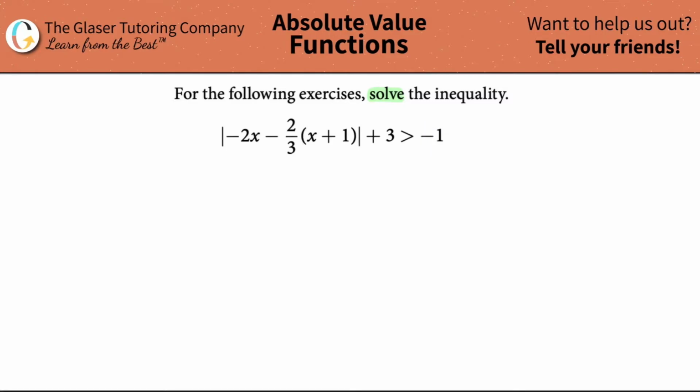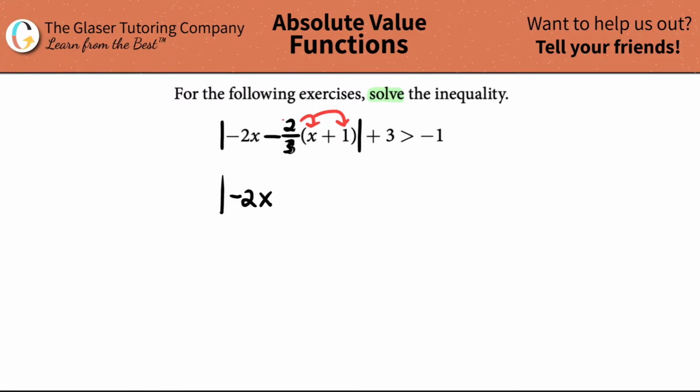Okay, so let's get down to it. It's just math. The first thing we have to do is simplify this absolute value. I see that I have a negative 2 over 3 that's being multiplied by two things inside the parentheses. So according to PEMDAS, we have to distribute it. If I do that, it would be the absolute value of negative 2x.